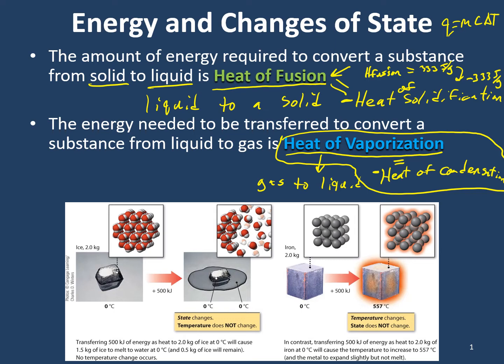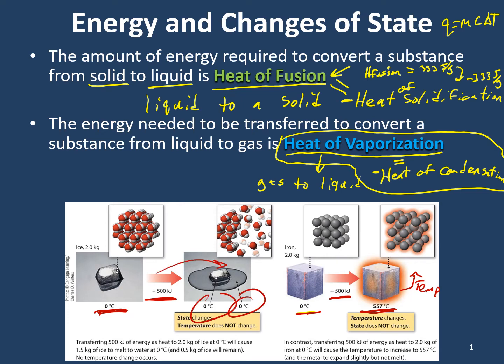For instance, at 0 degrees Celsius, if I put 500 kilojoules of energy in, my temperature of this iron block will go up to 557 Celsius. It won't stop there. If I keep adding more energy, it'll keep going up in temp, right?